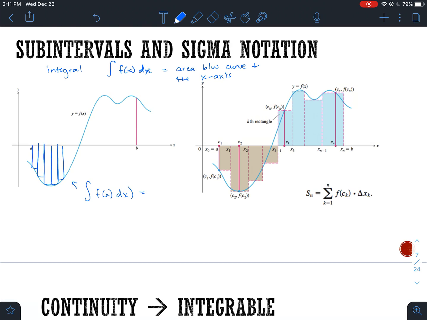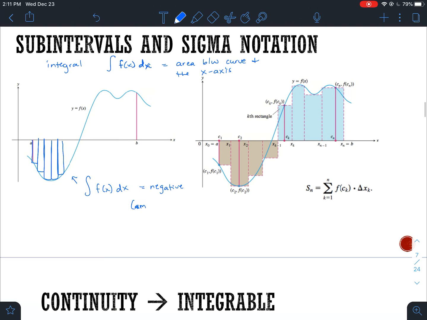So on this little piece down here, when we're finding the area between the curve and the x-axis, since it's below the x-axis, that integral, when we evaluate it, is going to be negative. Now again, that doesn't represent a negative area in the sense that you're thinking.